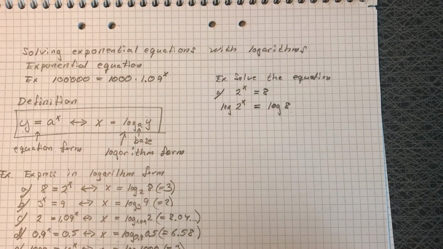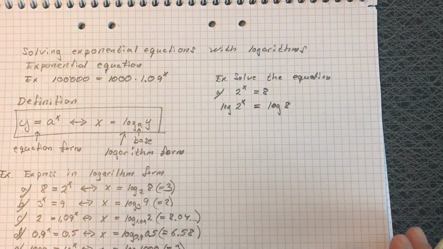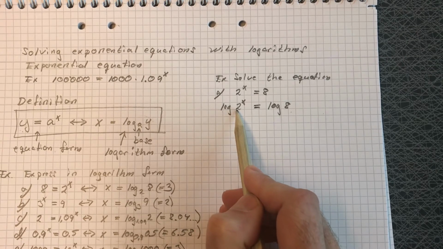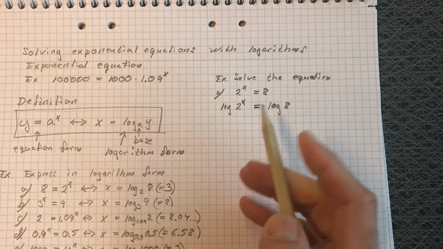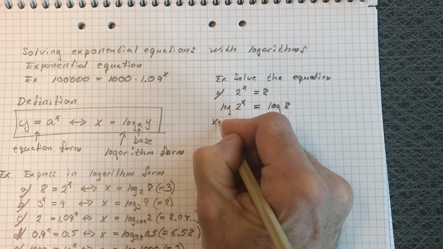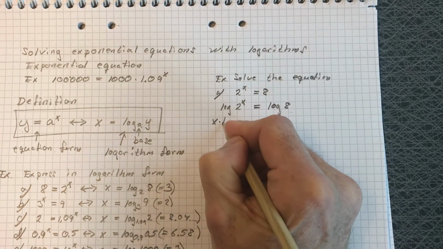Now, there are laws for logarithms. That's not in this course, so we just have to learn now that the logarithm of 2 to the power of x is equal to multiplying with x instead of taking it in the exponent.